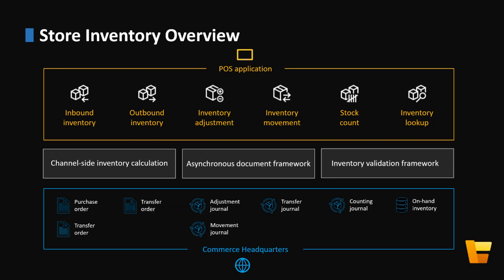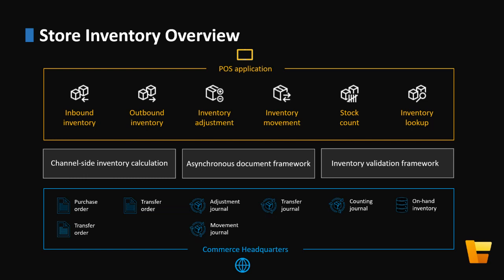And the inventory adjustment, movement, and stock count, those 3 operations leverage various inventory journals. As you may know, inventory journal is another concept or mechanism in our Dynamics ERP to post inventory transactions for various types.